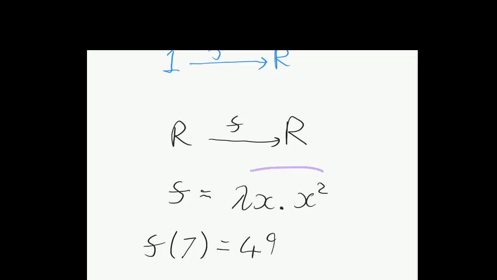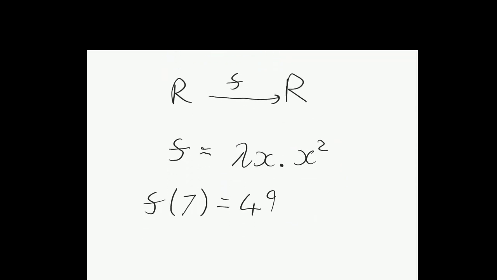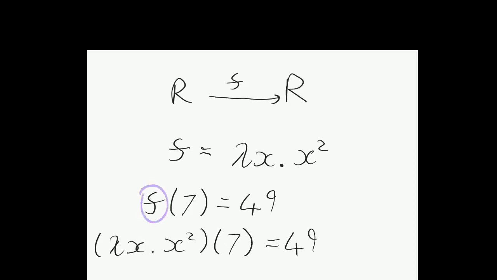Since we have this equality, we can write exactly the same thing, but with this in place of the f. So we could say that lambda x dot x squared applied to 7 equals 49. All I've done is replace f with the thing it's equal to.